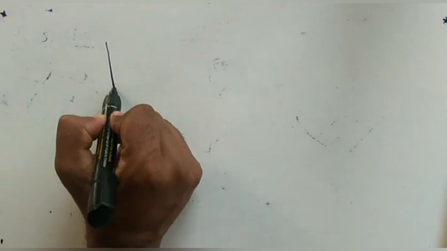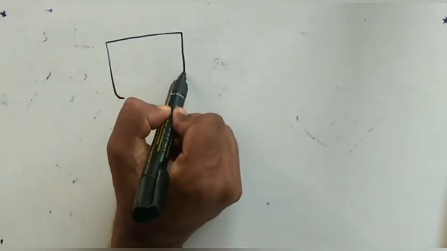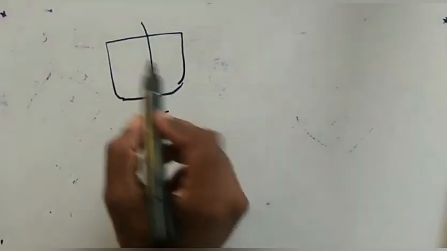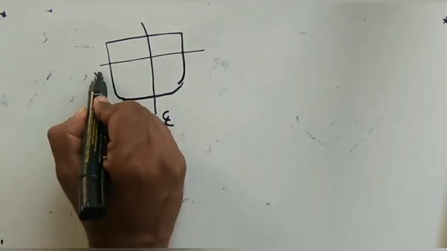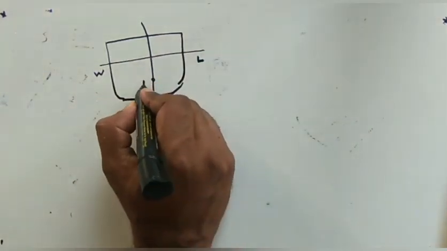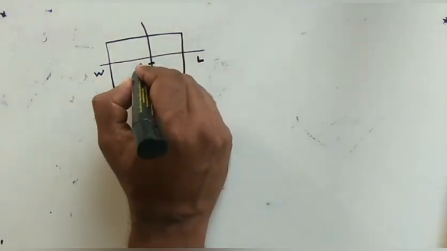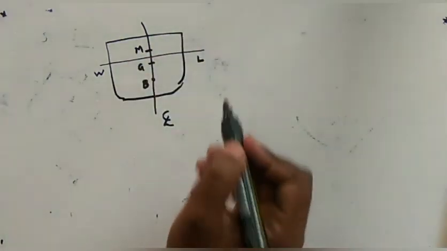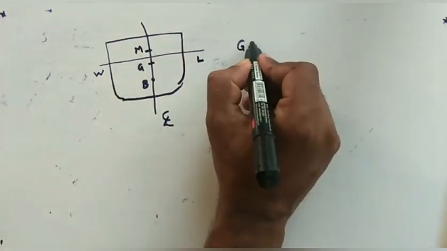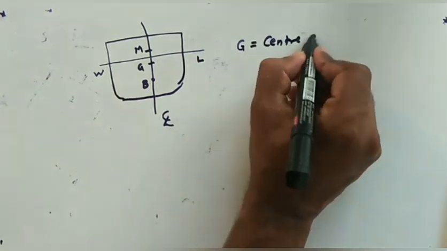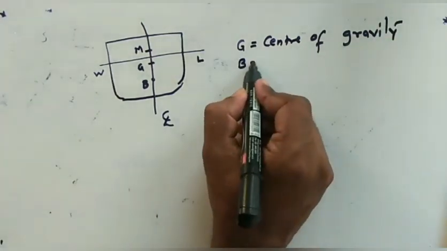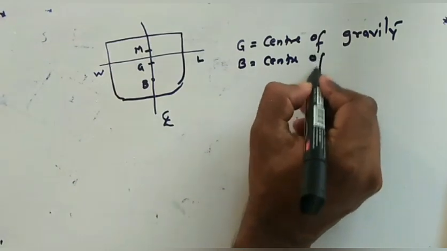Now the main terms we should understand. So this is the transverse view of my ship. This is my center line. This is the water line. This is B, right? This is G, and I am considering M somewhere over here, right? So I am writing one by one. G is the center of gravity. B, the center of buoyancy.